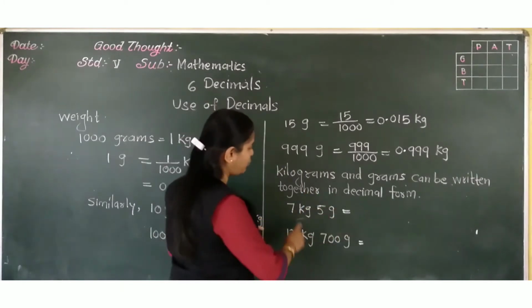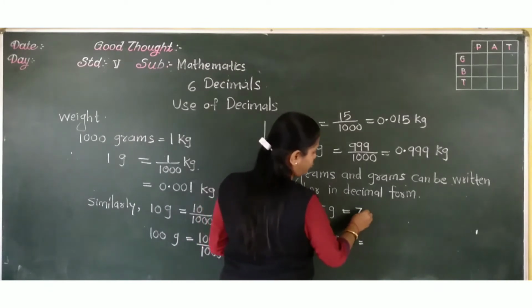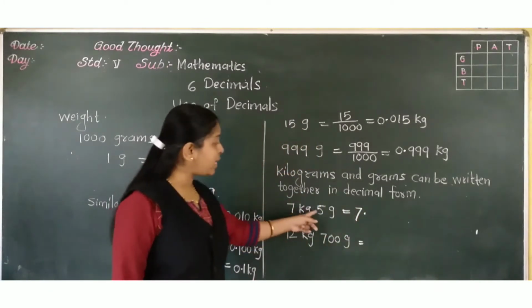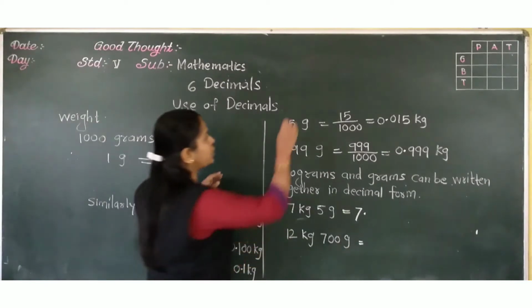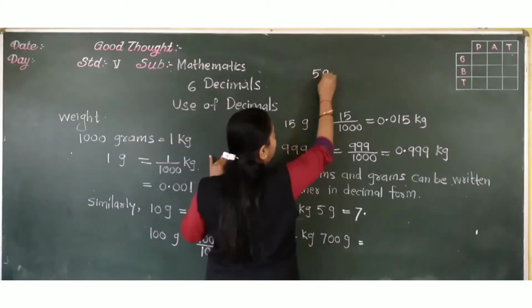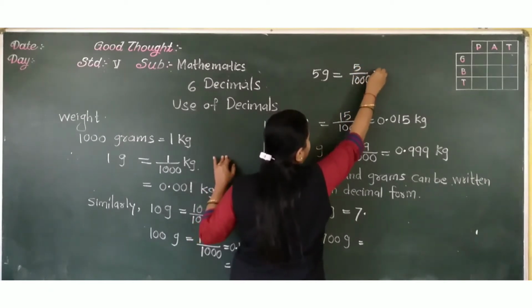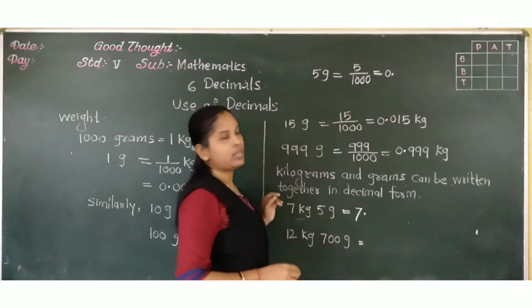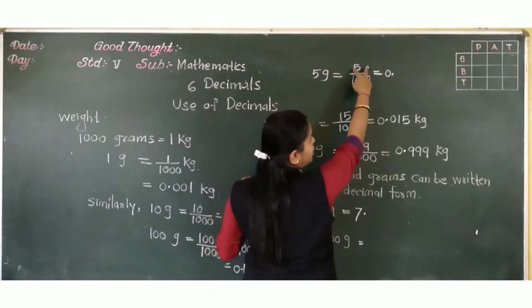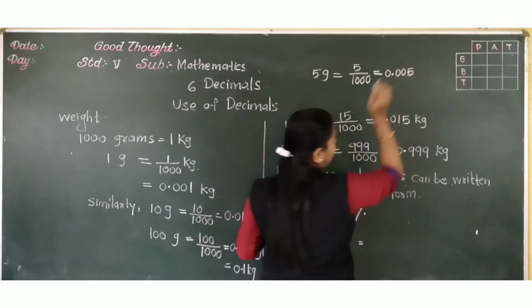How? See here, I have shown you 7 kg. So this goes before the decimal point. Now 5 gram. 5 gram is equal to how many kg? So what will you do? 5 gram is equal to 5 upon 1000. The whole part has nothing, so 0 point, and we want 3 digits but here only 1 is there, so 005.